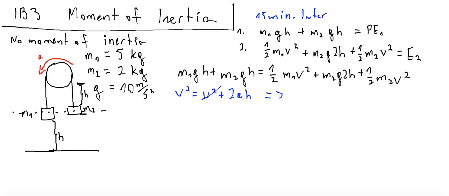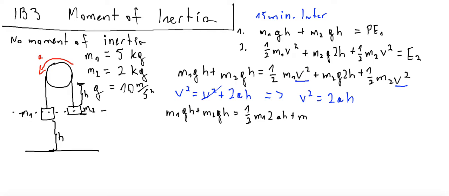So by using this equation, we can substitute that v squared is equal to 2ah. So I'm going to replace v squared here and here by 2ah. The equation looks like m1gh plus m2gh is equal to half of m1 times 2ah, plus m2g2h plus half of m2 times 2ah.